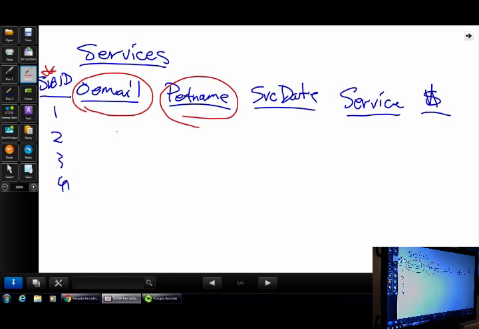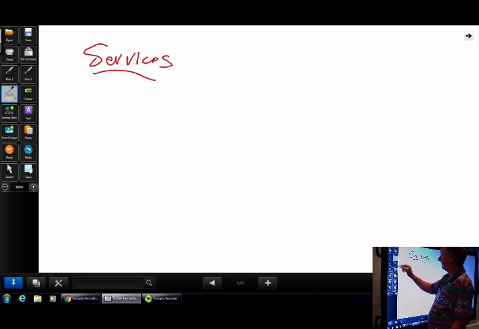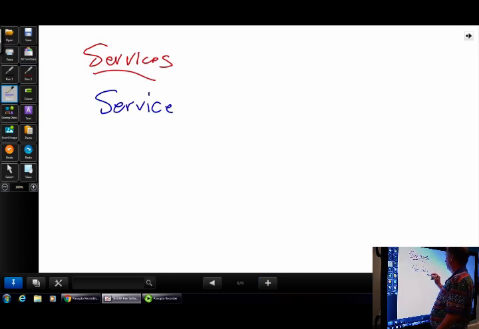So let's break it down so we link me to how much money I owe. So we're going to break this down, and we're going to take that out. I'm going to have service in here, and then I'm going to create another table. This one's easy. Services. I'm going to have the service name, and that's going to be a primary key.